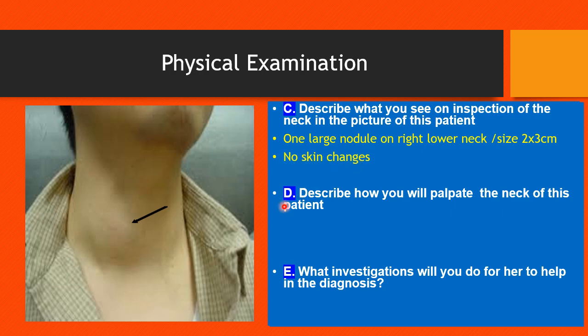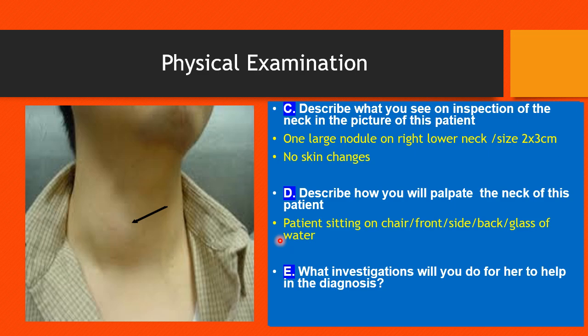Question D, describe how you will palpate the neck of this patient. The answer is the patient is palpated sitting on a chair. You inspect from the front, side, and again from the back, and see whether it moves. The swelling moves with drinking sips of water and protrusion of the tongue.